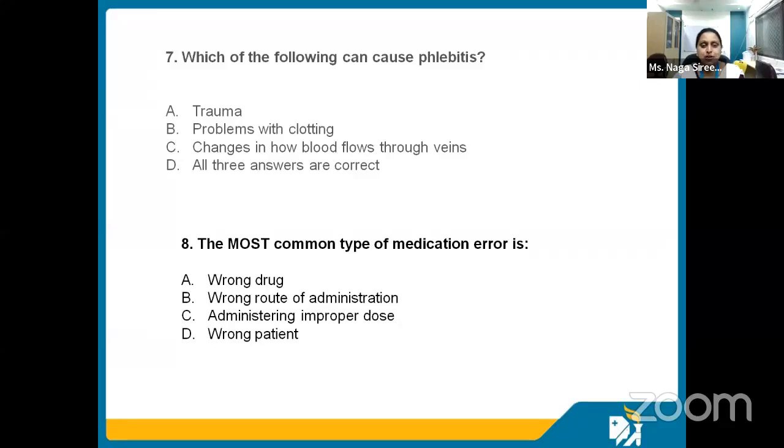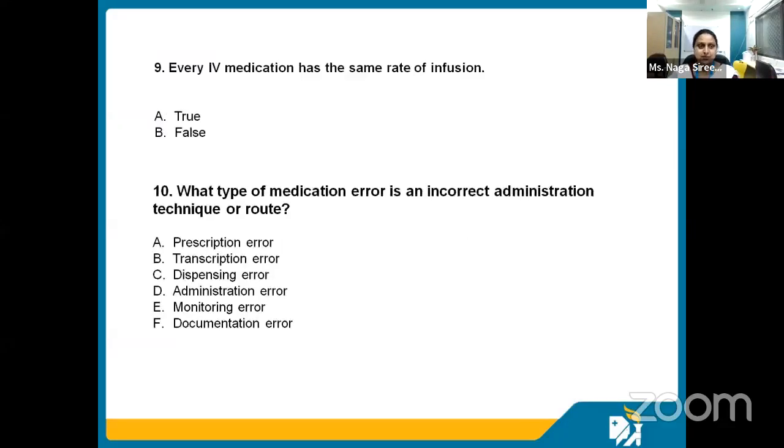The most common type of medication error is: wrong drug, wrong route of administration, administering improper dose, wrong patient. Very good, administering improper dose. Most of the time they administer correctly, but at times an improper dose.